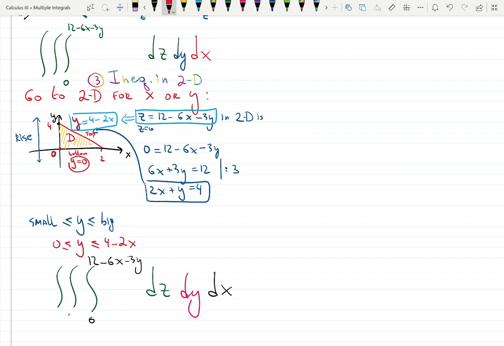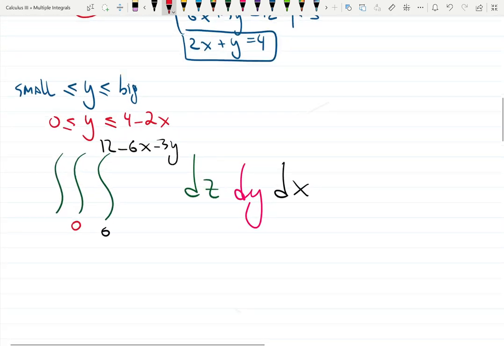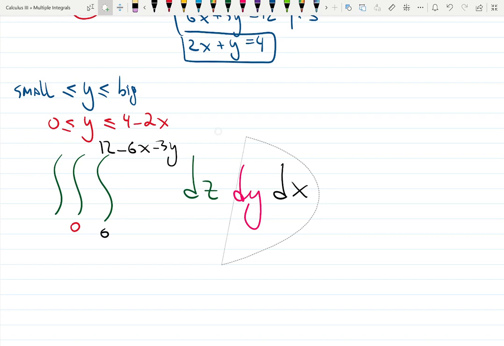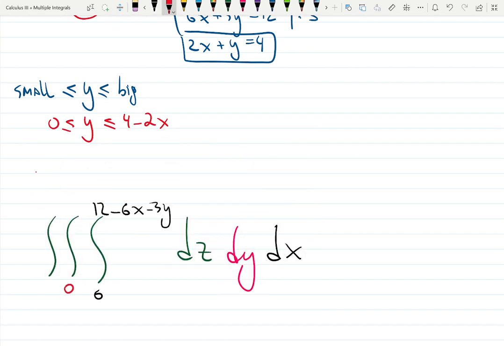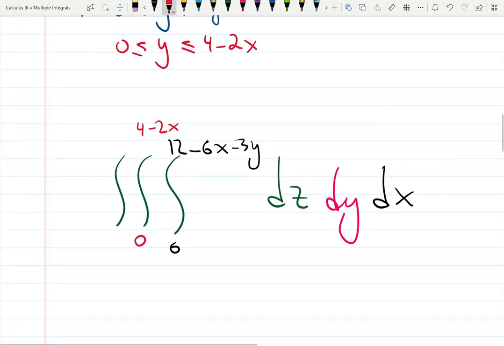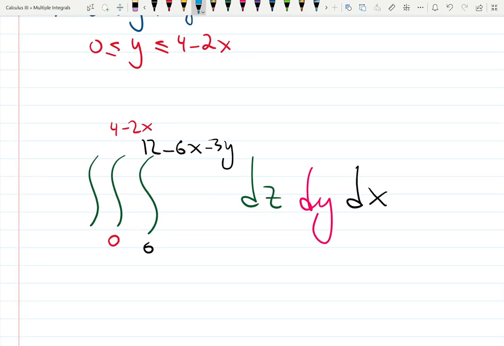But y is between 0 and 4 minus 2x. The last integral should have numbers. Does anyone know why, by the way? Because if it's not just numbers, you're always going to finish with another function in terms of something else.